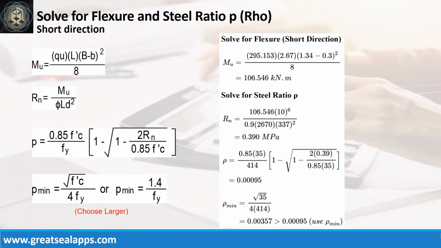Given resistance factor equals 0.9, L equals 2670 mm, and D equals 337 mm, the beam design ratio Rn equals 0.39 MPa, and reinforcement ratio Rho equals 0.00095. Use Rho minimum of 0.00357.